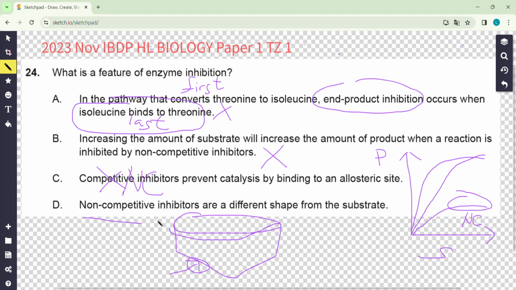For the non-competitive inhibitor, it binds to the allosteric site and changes the shape, right? So it has a different shape from the substrate. Substrate goes here, non-competitive inhibitor goes here, so they have different shapes.